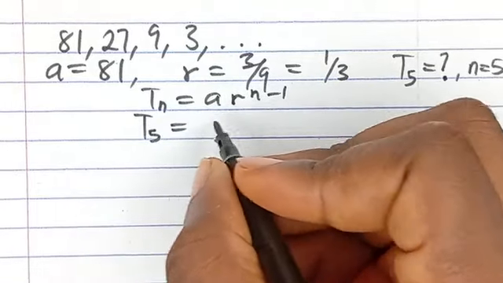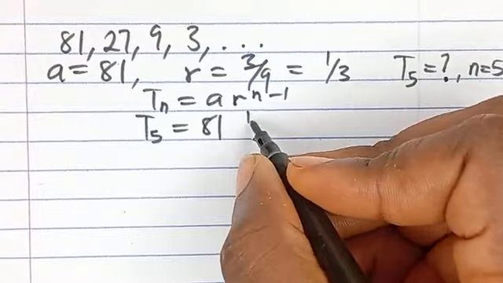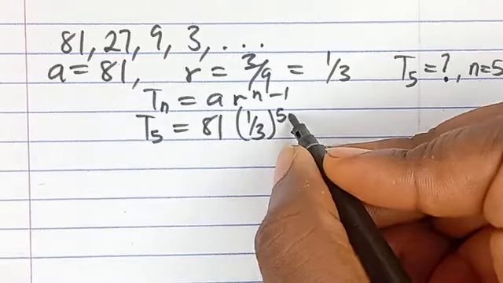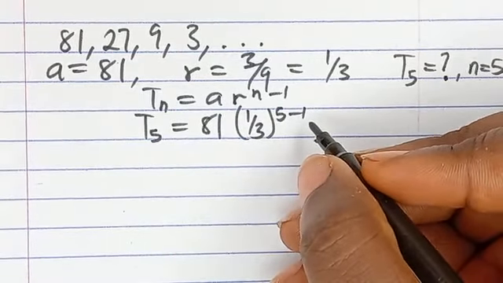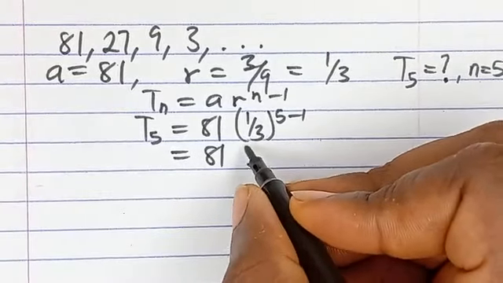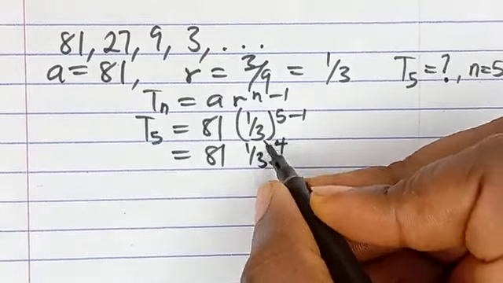The fifth term is equal to a, which is 81, and then r, which is 1 over 3, raised to power n, which is 5 minus 1. So we have that 81 into 1 over 3 raised to power 4.